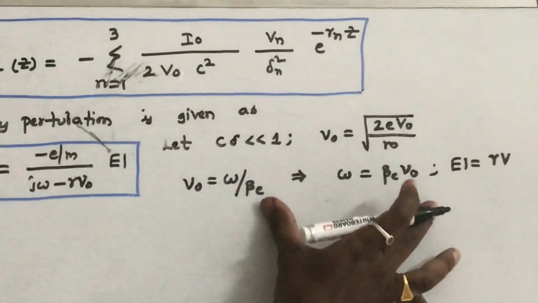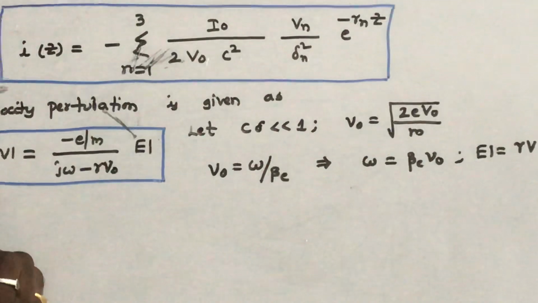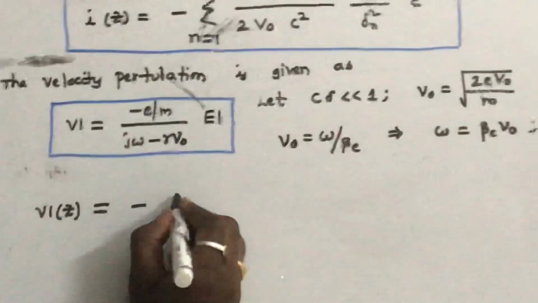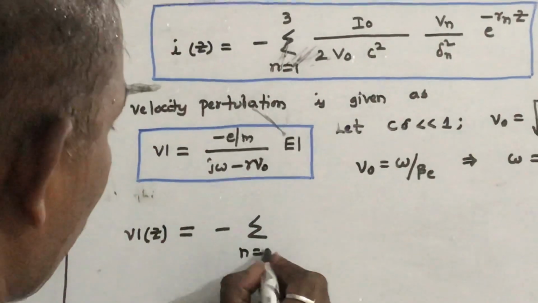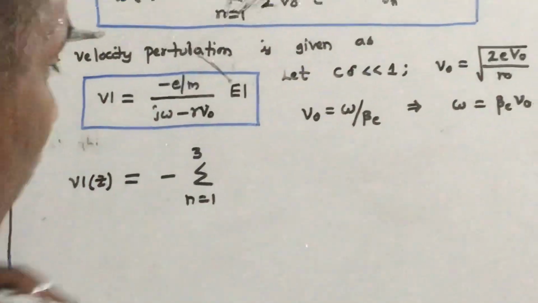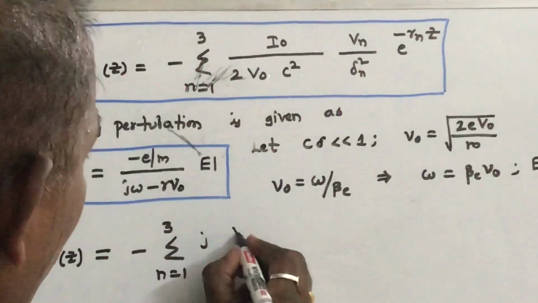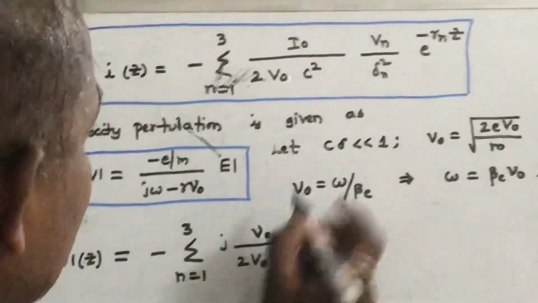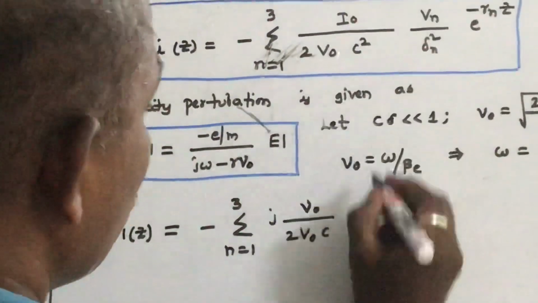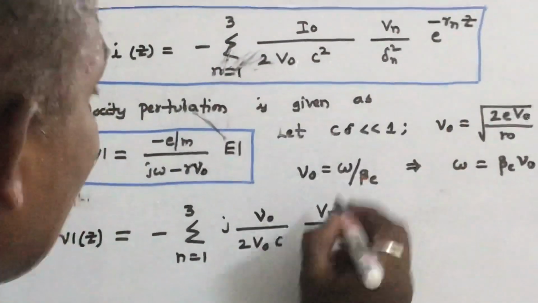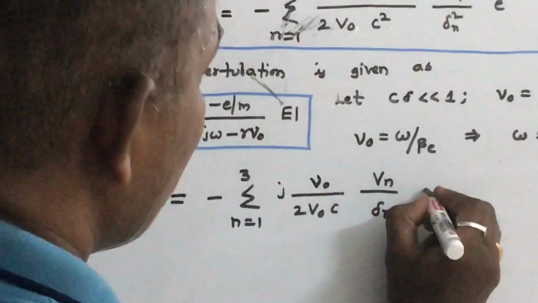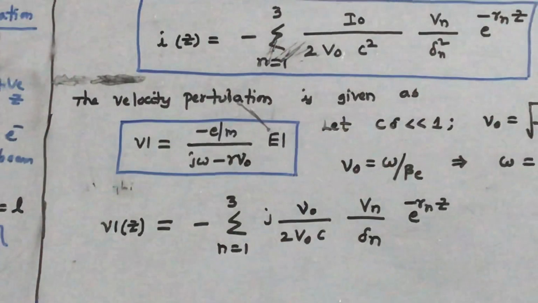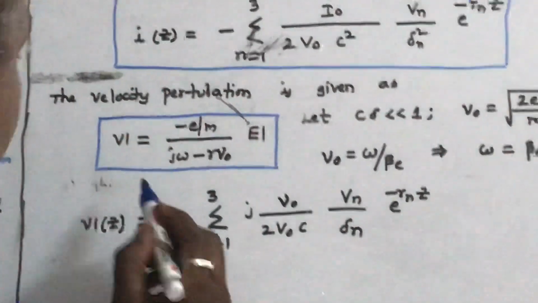So make all the substitutions in this equation. Therefore this equation for 3 forward traveling waves is written as minus summation n is equal to 1 to 3, j into v naught by 2 V naught, just c square is replaced by c, Vn remains as it is, del n square is replaced by del n, into e power minus gamma n into z. So first you have to frame these equations.